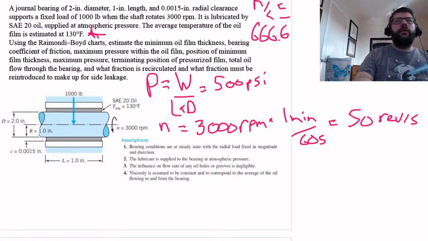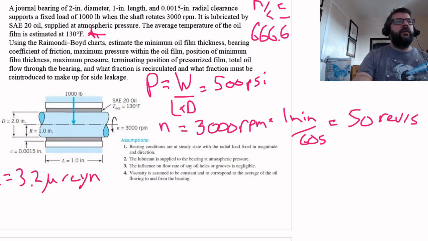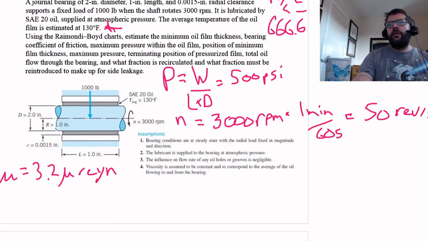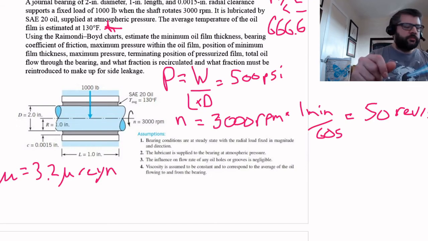Okay, so viscosity is equal to 3.2 microreyn. A reminder that a reyn is a pound second per inch squared.